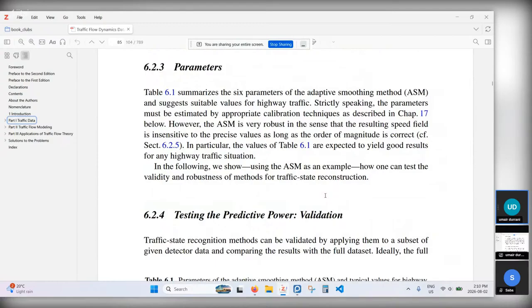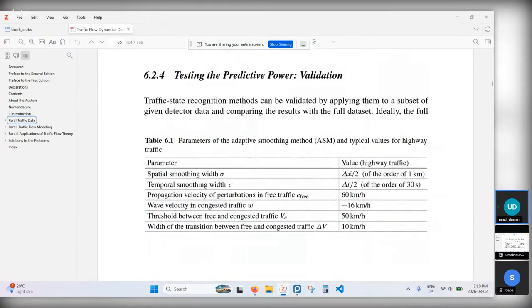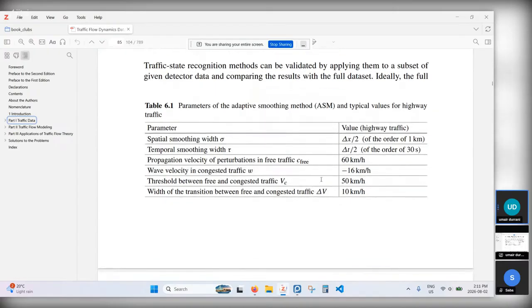And so the parameters were given here, and these are the parameters that we used in the app that I showed. So we have sigma as delta x over 2, tau as delta t over 2, and then C free is 60, W is minus 16, VC is 50, delta V is 10.